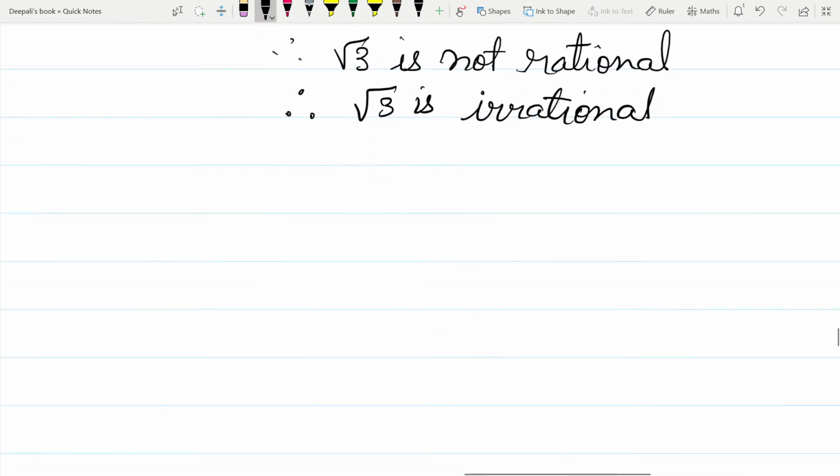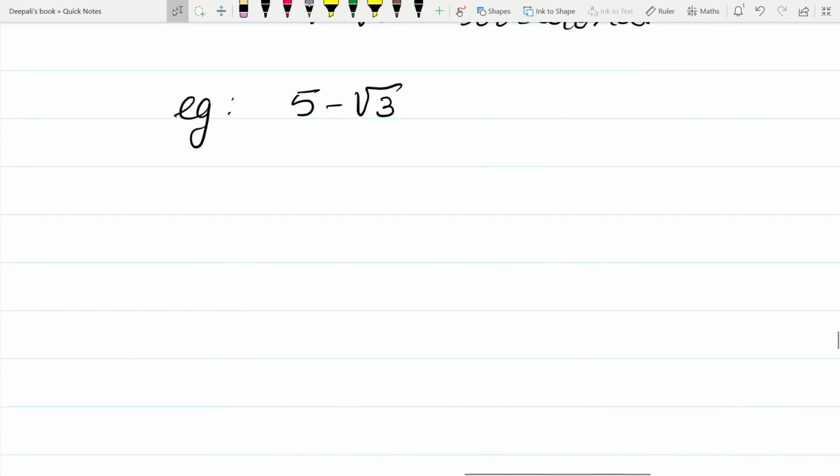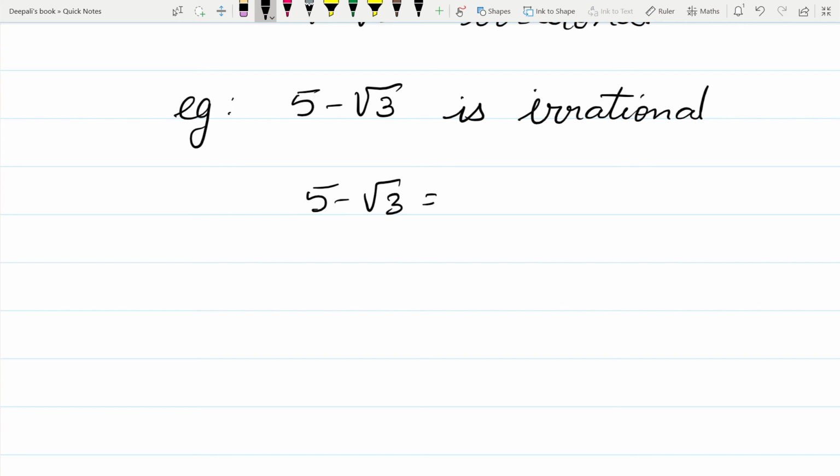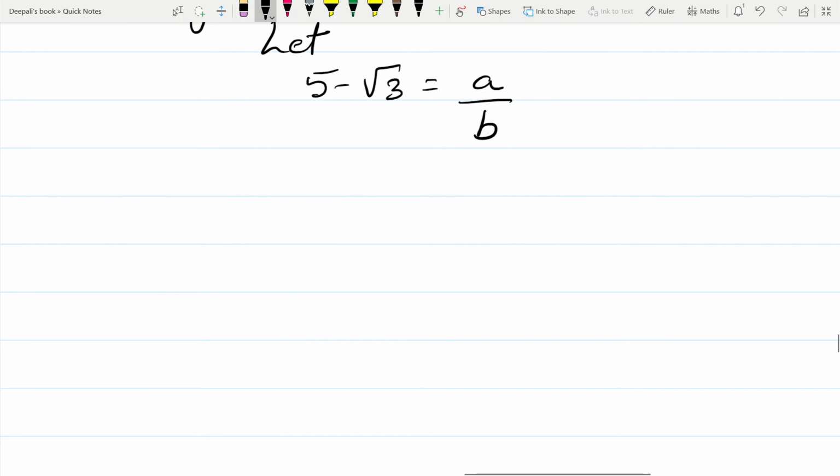Now let us take an example of a combined number, say 5 minus root 3. We have to prove this is irrational. Now let us say 5 minus root 3 is equal to a upon b. So I can write it as 5 minus a upon b is equal to root 3.